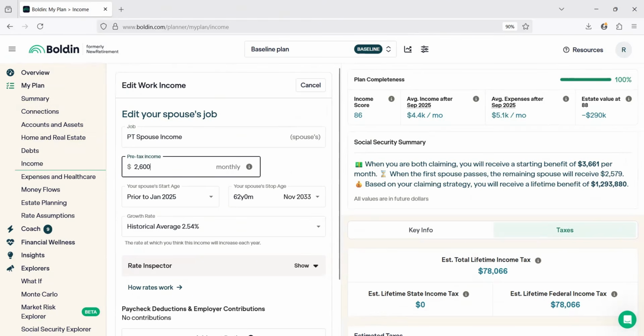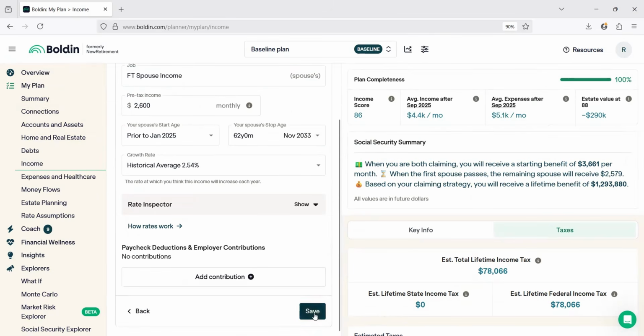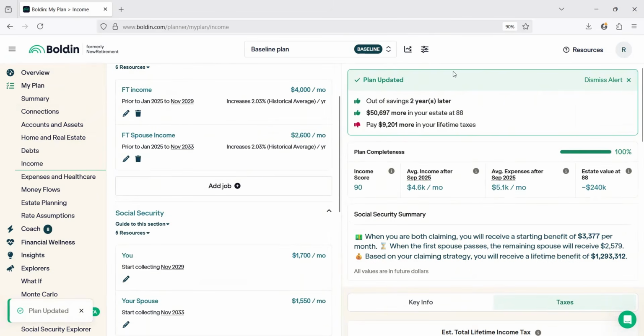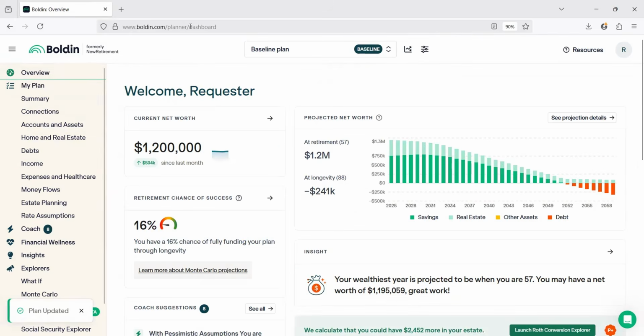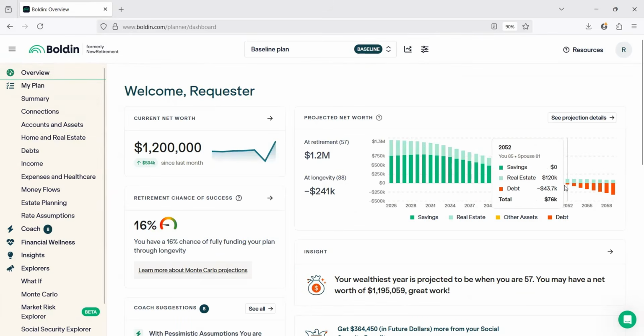Let's see, 2,600. We'll have them bringing in 2,600. Okay, and that gained you a little bit more time. Not as much, but a little.